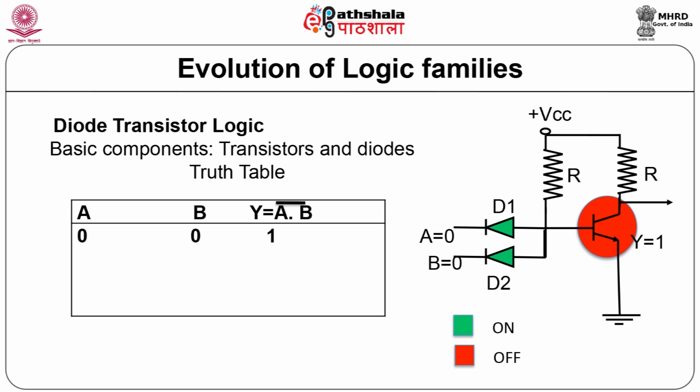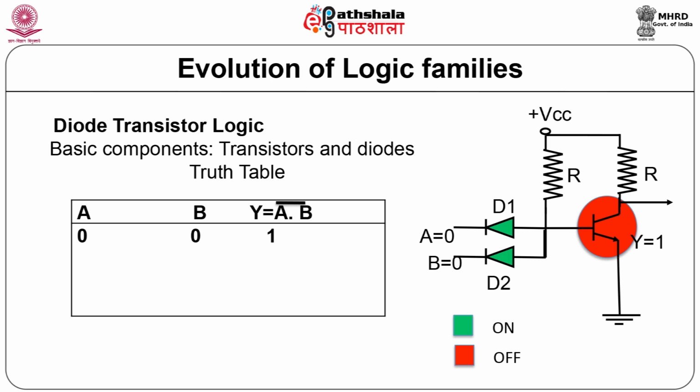Let us verify the truth table using this particular logic circuit. Let A and B both be 0 0. So, the diodes D1 and D2 both will be on, but the transistor will be off.